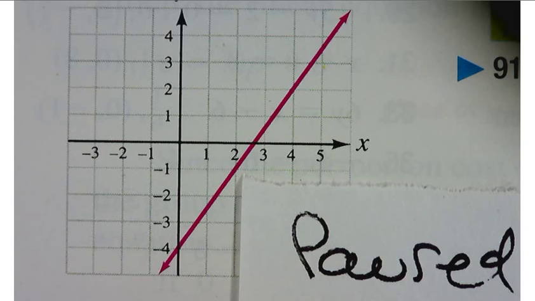It's supposed to be your y-intercept there, right? Where does the graph cross the y-axis? At what point? -4. All right. As far as the run is concerned, we're going to start out here and go over.